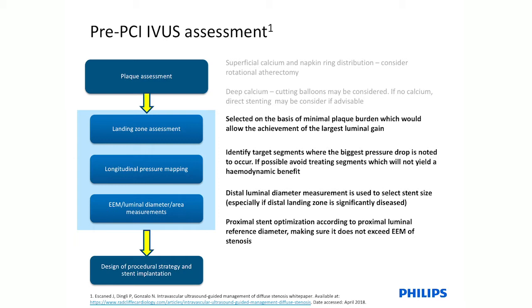Typically, we pay a lot of attention to the distal luminal diameter of the vessel. The measurements we do in the distal part of the vessel tend to be at the level of the luminal contour rather than the external elastic lamina. The reason is that you aim to deploy your stent without stretching the distal segment.